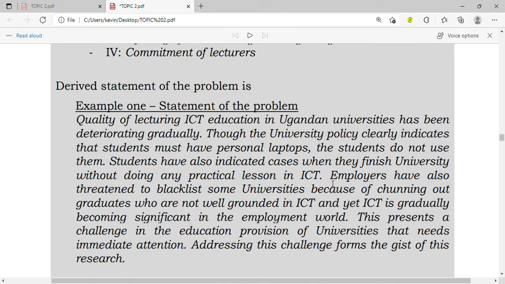Employers have threatened to blacklist some universities because of churning out graduates who are not well grounded in ICT, and yet ICT is gradually becoming significant in the employment world. This represents a challenge in the education provision of universities that needs immediate attention. Addressing this challenge forms the aim of this research.